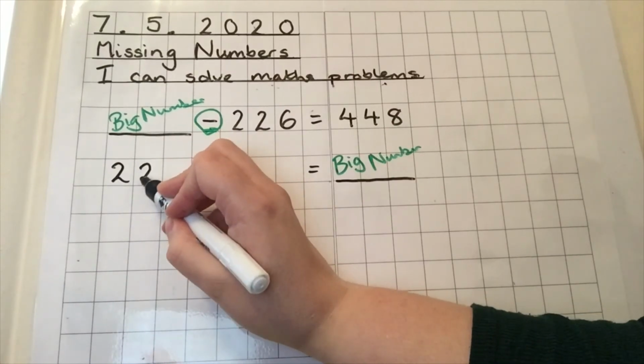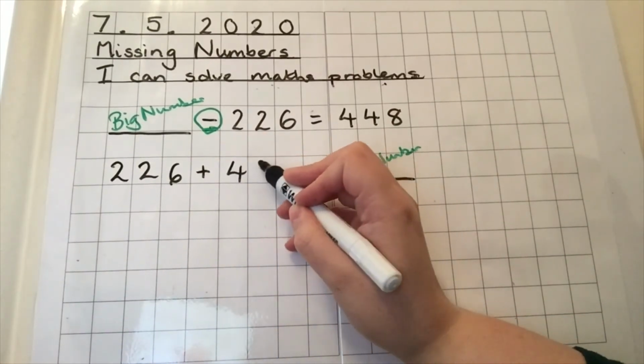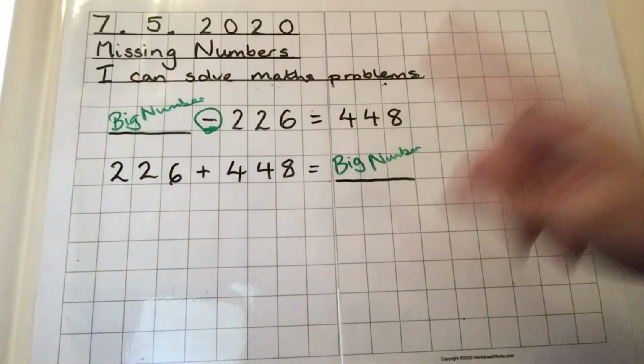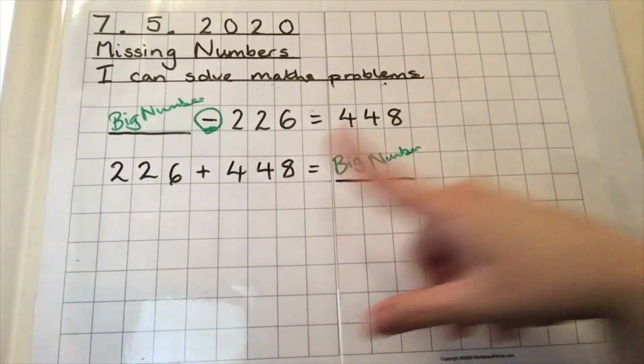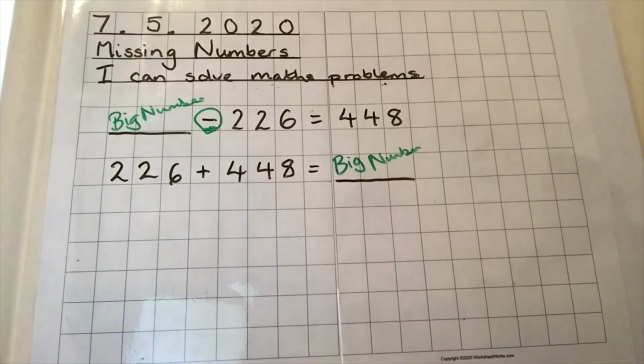And we write our two smaller numbers down. And now we need to work out, using chimney sums, using column addition, what those two added together is equal to.